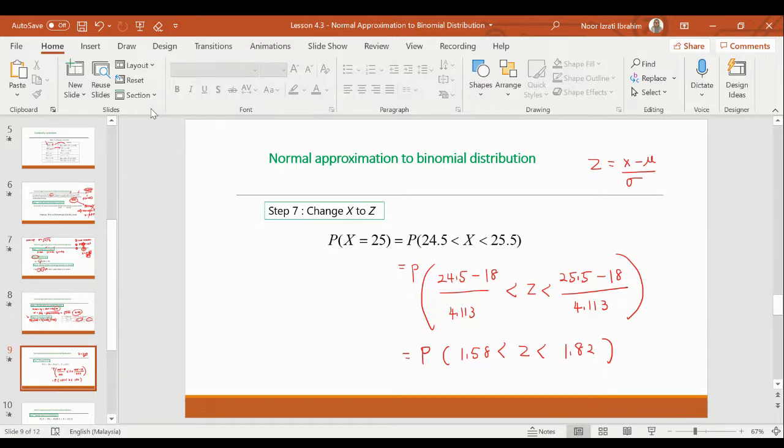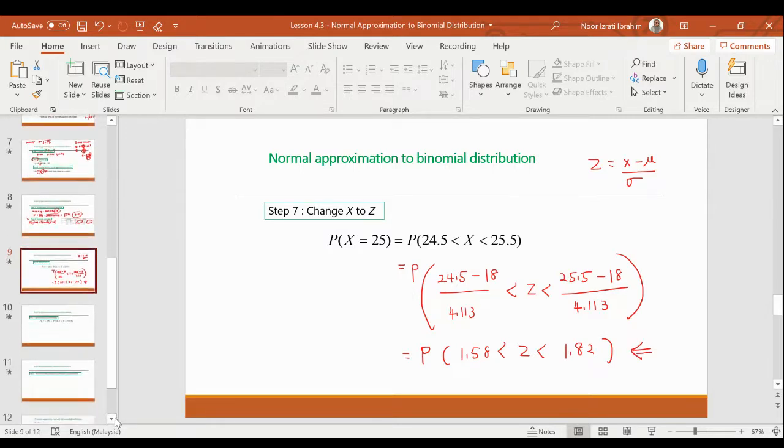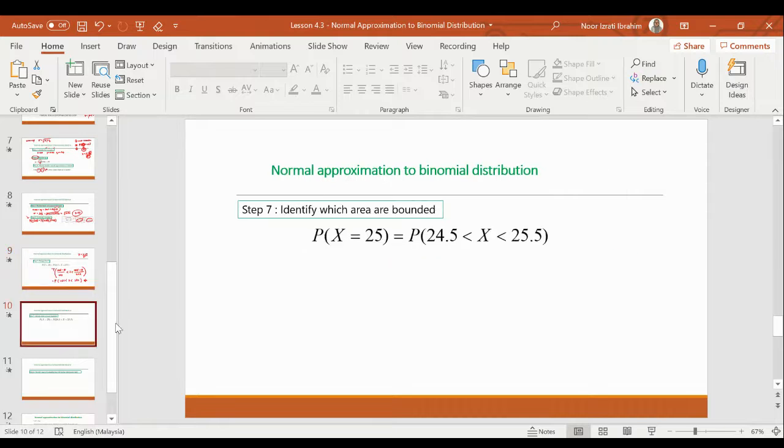Here, once we have this, we can refer to the table. But before we refer to the table, this will be equal to 1.58 here, and this is another 1.82. Before you refer to the table, you have to draw the bell-shaped curve to see where the area is and which one to minus which one.